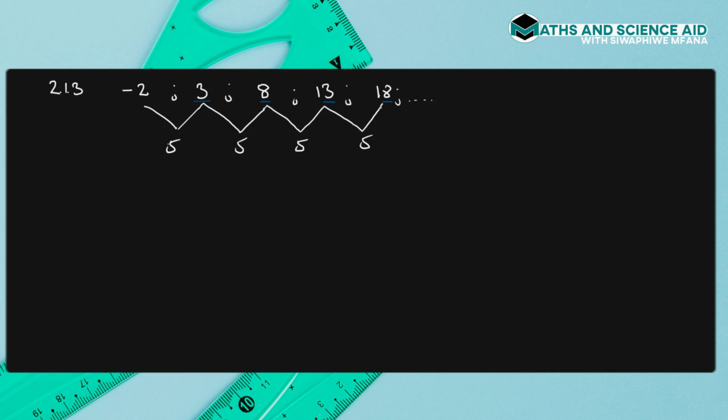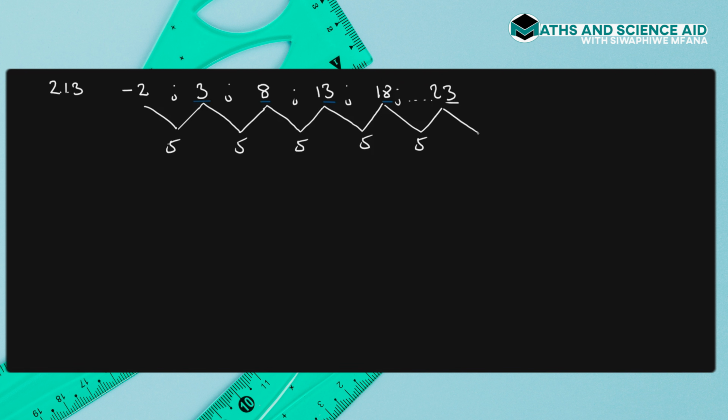In fact, even if you were to work out the next term after 18, so 18 plus 5, that is going to be equal to 23. And guess what? It ends with 3.